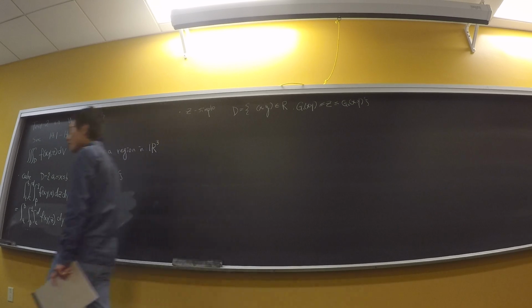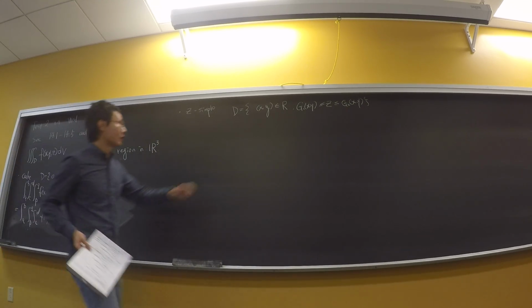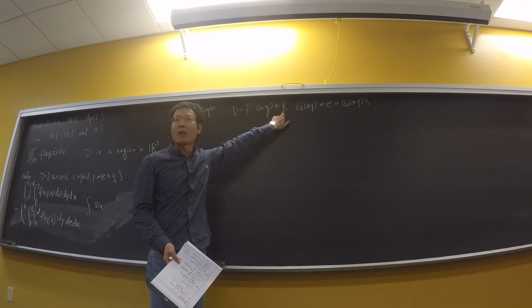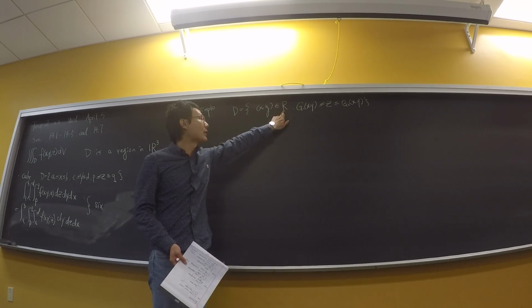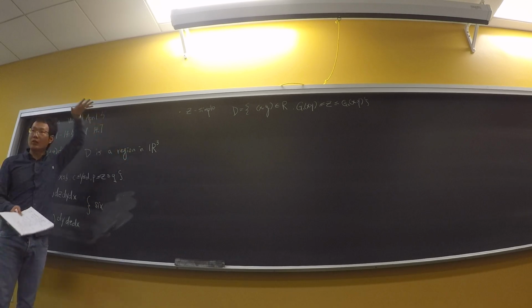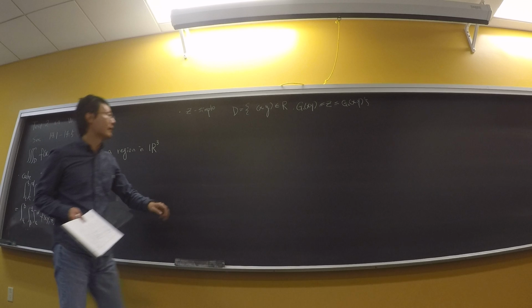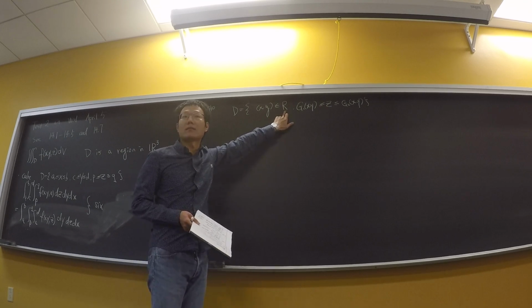So I give you two different ways of understanding what this region on the xy plane is. One way to understand it is if you have an integrating region in R3, you can squeeze everything back onto the xy plane. And the projection is exactly the region R here. And so that's one way to understand where you can get this R.